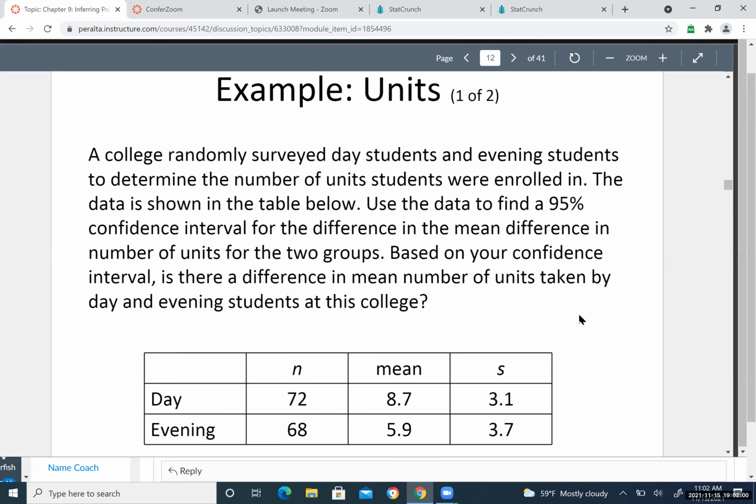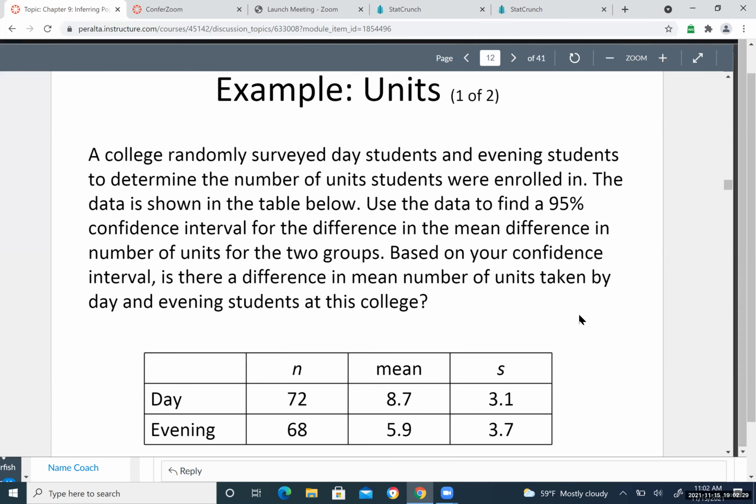The question they are asking us is, use the data in this table to find a 95% confidence interval for the difference in mean number of units for the two groups. Based on our confidence interval, is there a difference in mean number of units taken by day and evening students at the college?